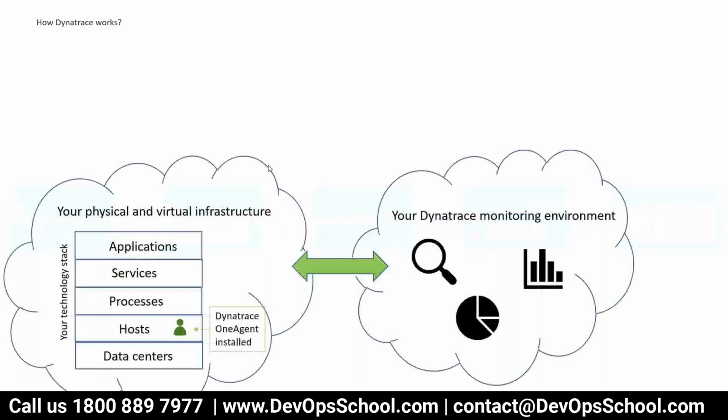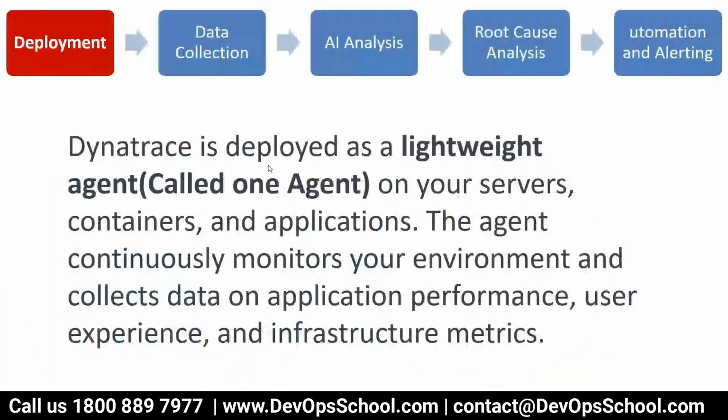So Dynatrace can help you monitor applications, services, processes, hosts, and cloud, everything. On a host, you need a Dynatrace OneAgent installed, where it can help you gather everything. For deployment, you have to install OneAgent, which I'm going to show you in the demo.